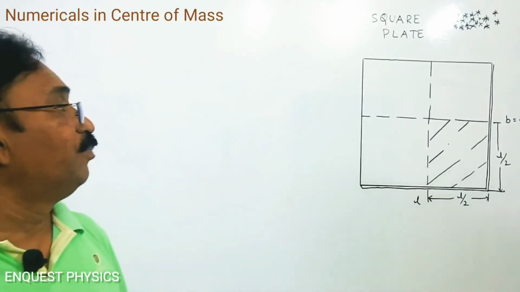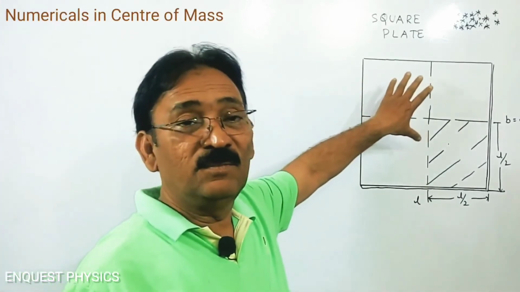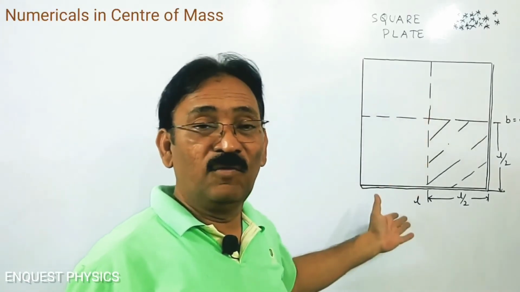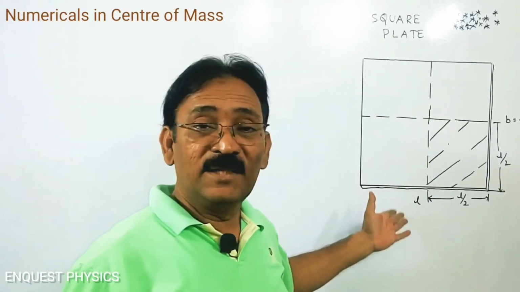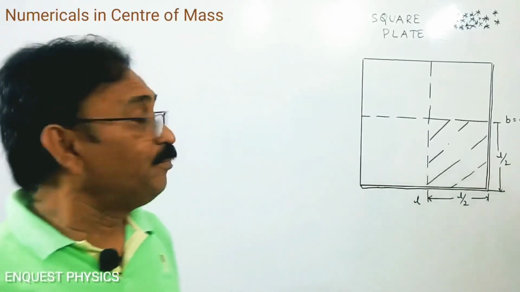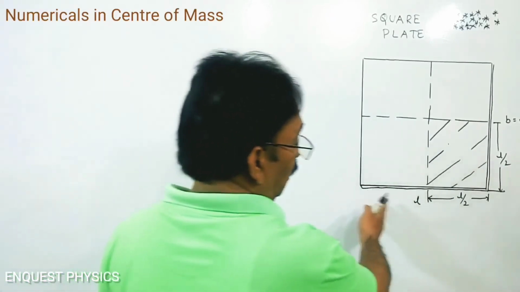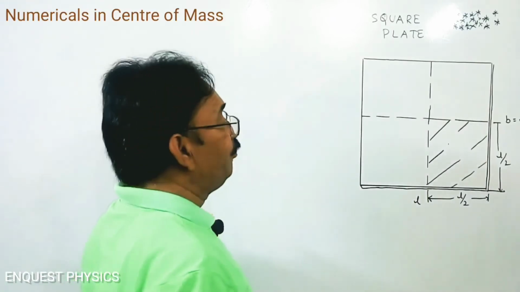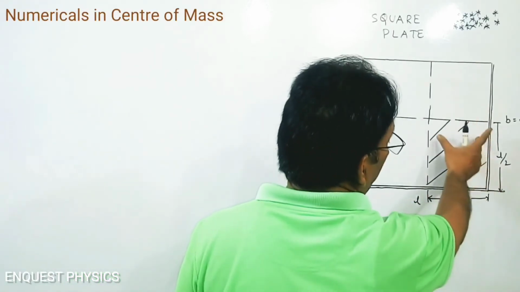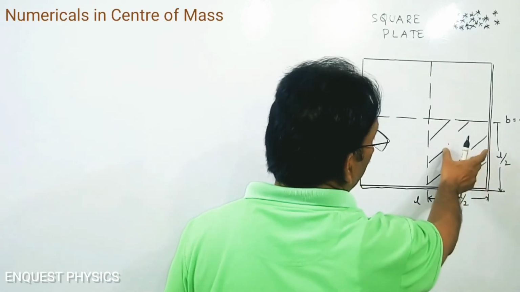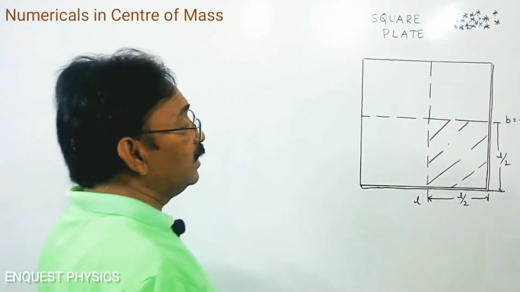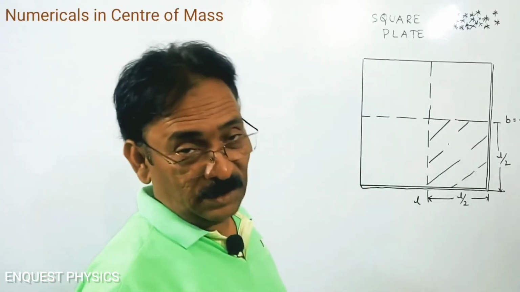I hope you understood. It is a square plate, students, which has thickness T. It is made of material of uniform thickness, and it also has uniform density. Its length is L and its breadth is L, since it's a square plate. And a plate is removed from this, from one of the edges. Either from here or here or here or here, anywhere. He is asking us how the center of mass will shift.